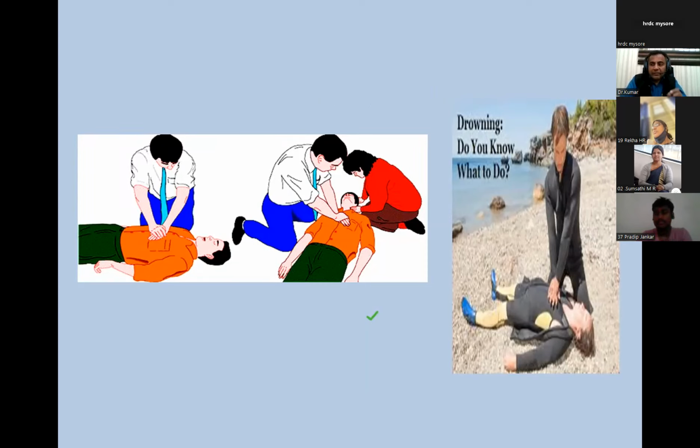I can remember one incident that happened in Udupi district, probably during COVID time. A moving car lost control and fell into a river. It was not a big river; it was a small river, but it was the rainy season and the water was flowing at full level.